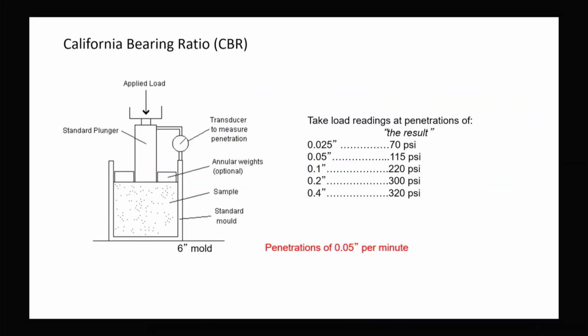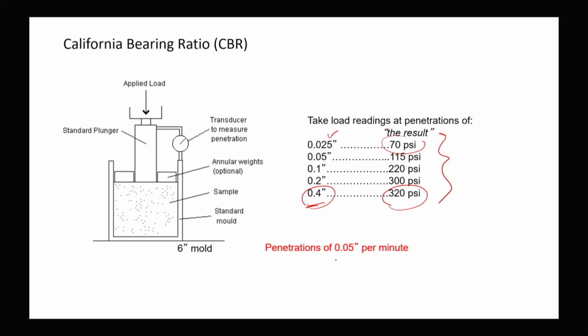Now here you can see this is a test result. For 70 psi, the penetration is 0.025 inch. So for 320 pounds per square inch, the penetration on the soil is 0.4 inch. This is the test result on the soil.